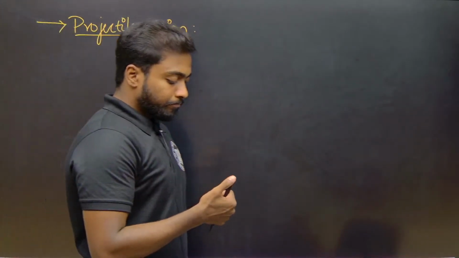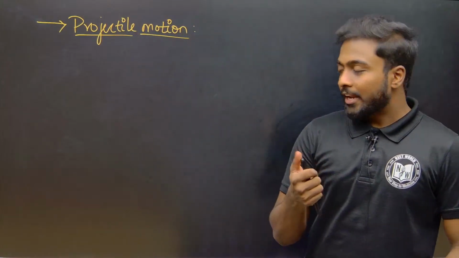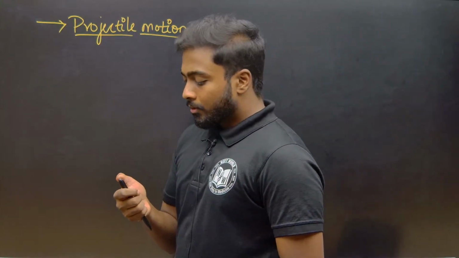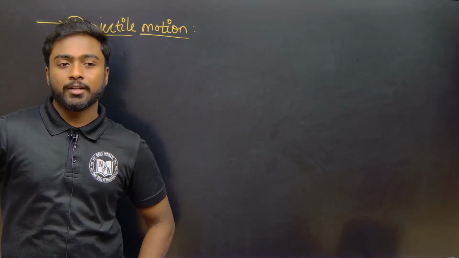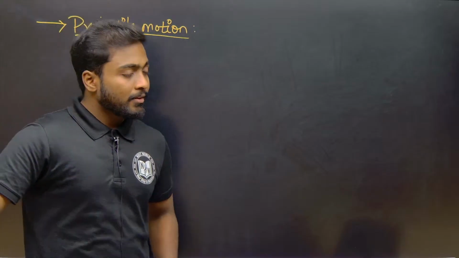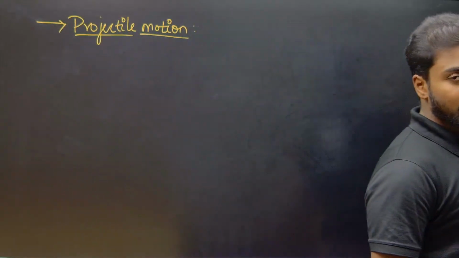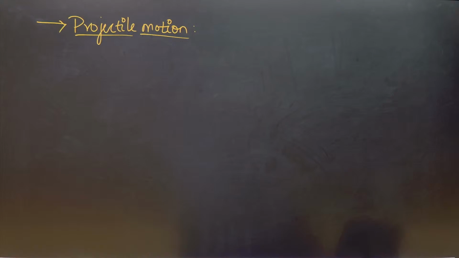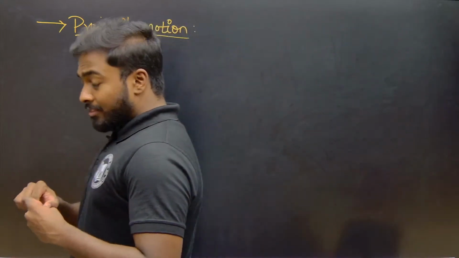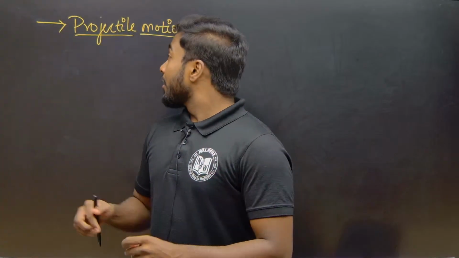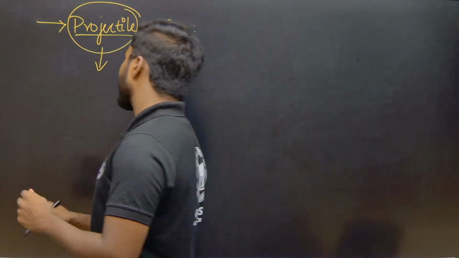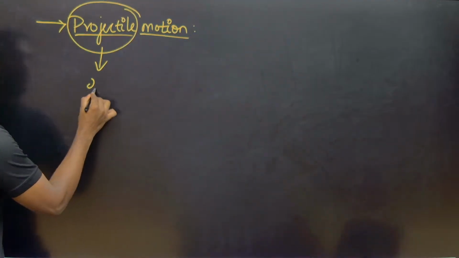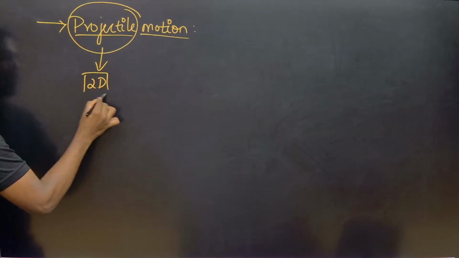Okay. So when we talk about projectile motion, usually we have learned one dimensional motion in straight lines. In the plane we are dealing with projectile motion, that is two dimensional motion, 2D motion.